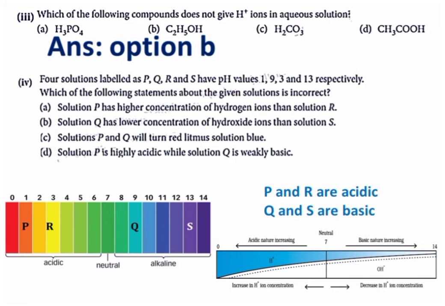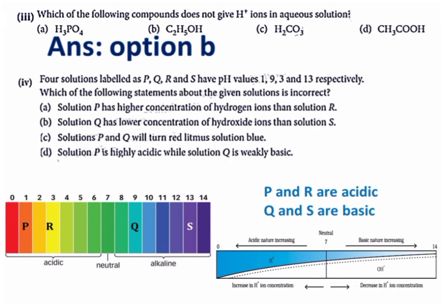Let's recall that red litmus is an indicator which turns blue in basic solutions. From the pH values, we have understood that P and R are acidic and Q and S are basic. So, Q and S will change red litmus to blue, but P and R will change blue litmus to red. So, now we can understand that option C is false because P will actually turn blue litmus to red.